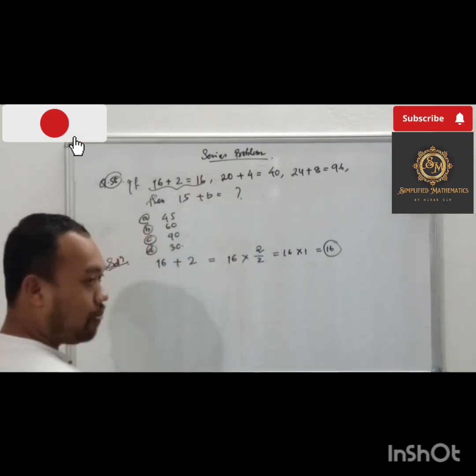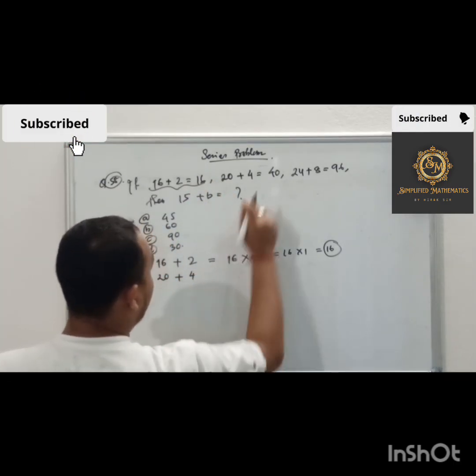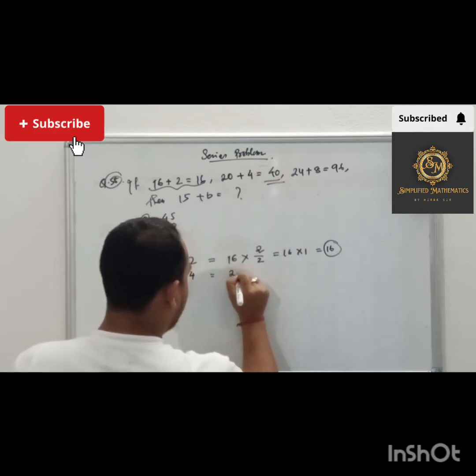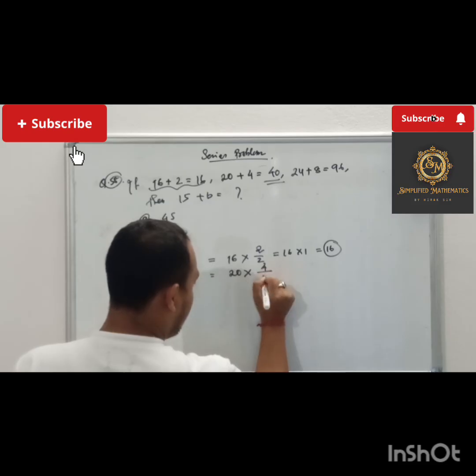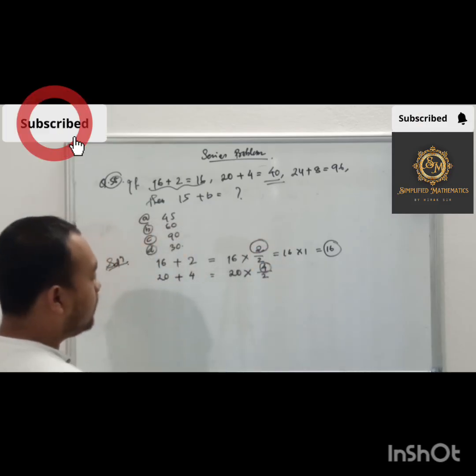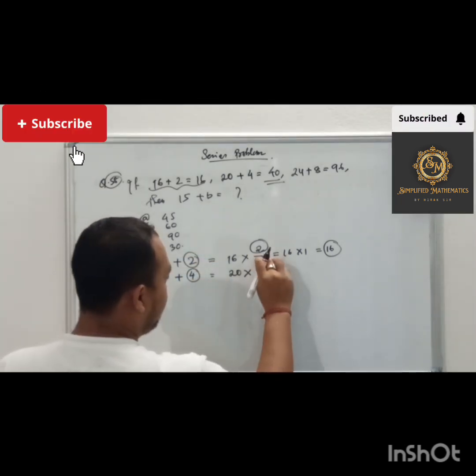Is it connected? Now you see 20 plus 4, and what we require is 40. So you see 20 into 4 is there; these numbers are changing, because here 2 is there, 4 is there, but the fixed number is 2.